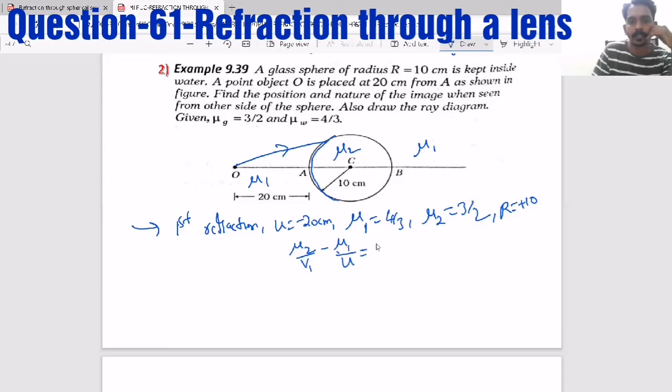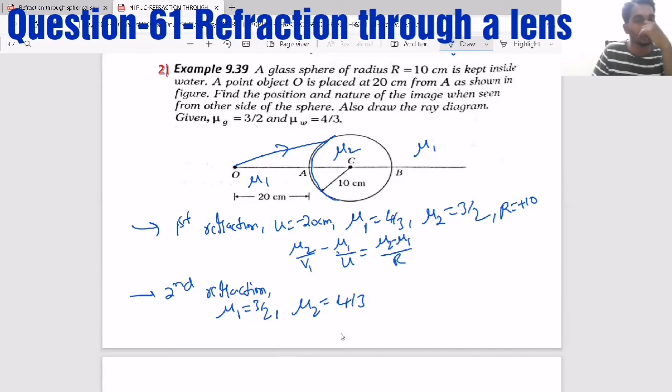Now you substitute in the equation and you will get the V1 value. Now for the second refraction, you have to take this as the object. Somewhere it will form, so accordingly you have to take V1. Now mu1 will become 3 by 2 and mu2 will become 4 by 3.